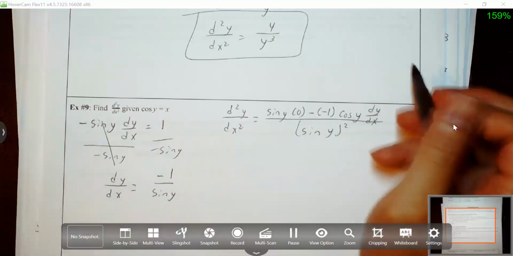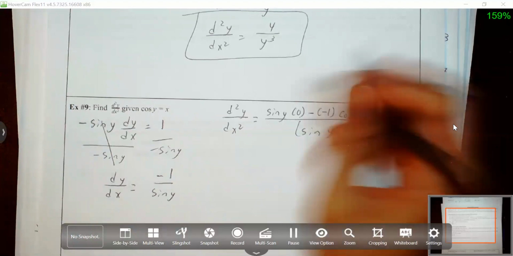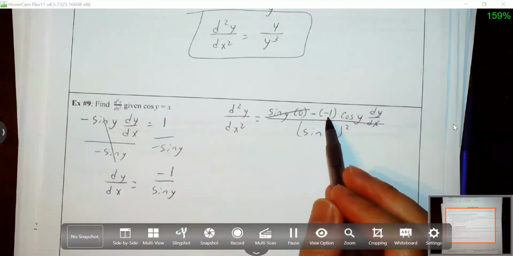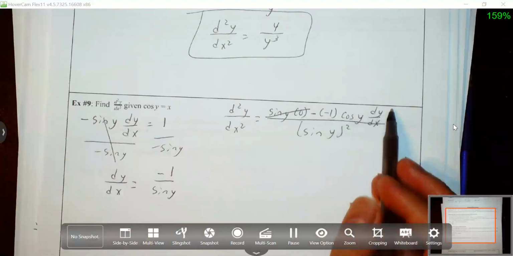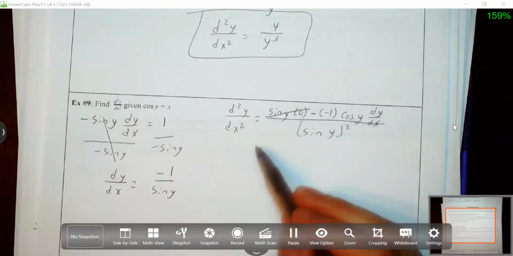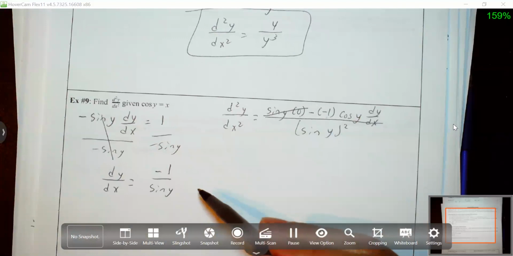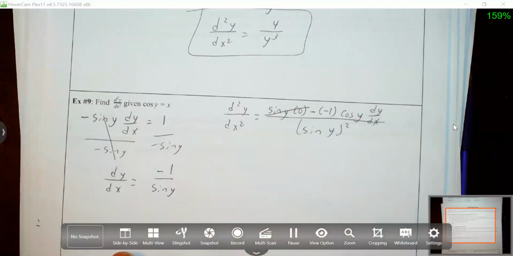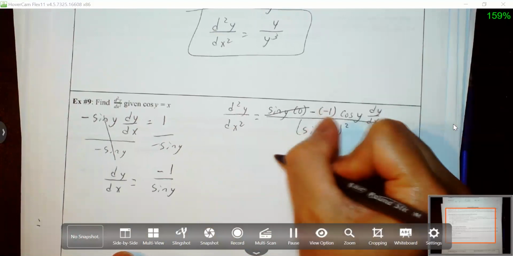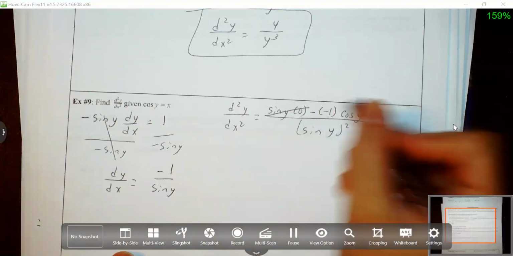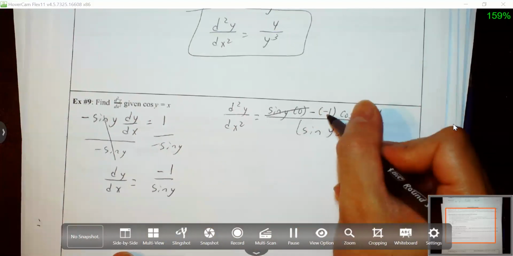Okay, so let's clean this up a bit. This goes away. Negative, negative becomes positive. And I know dy over dx is just negative 1 over sine y. So the top will become, so negative times negative is positive.